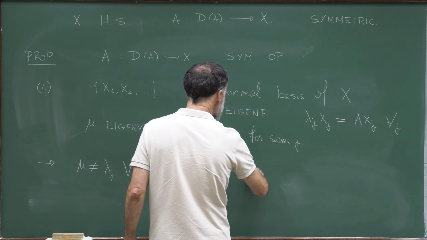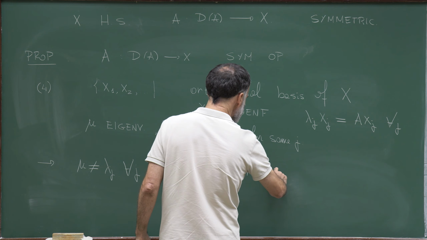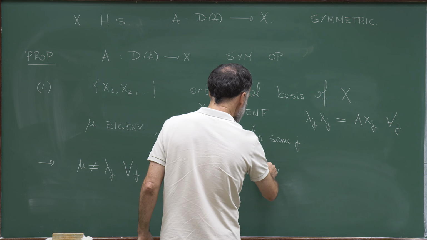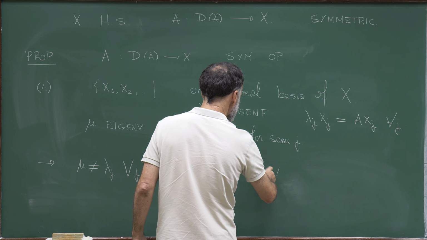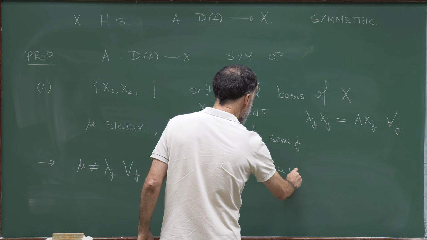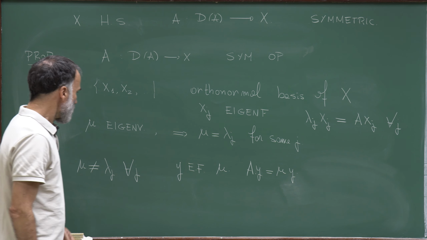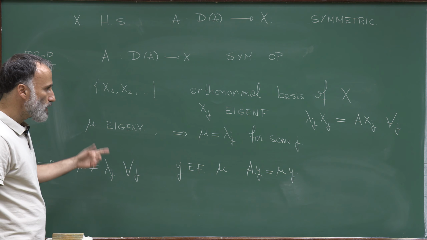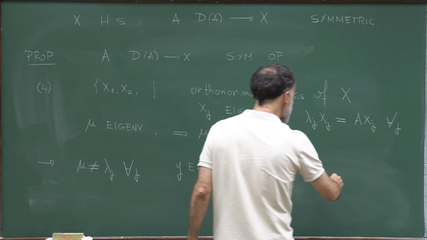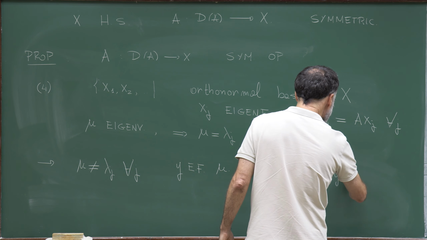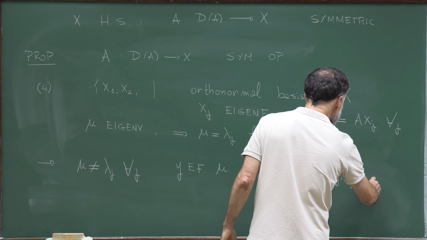So this is telling me that A y is equal to mu y. Since mu is different from lambda j, for the previous property, what we know is that y is orthogonal to all xj.